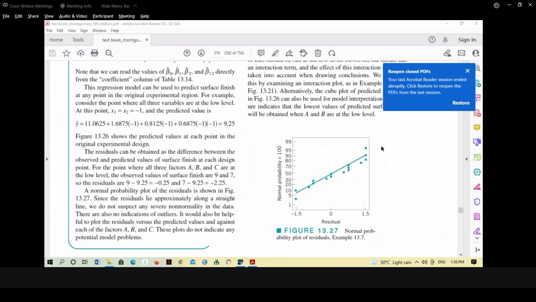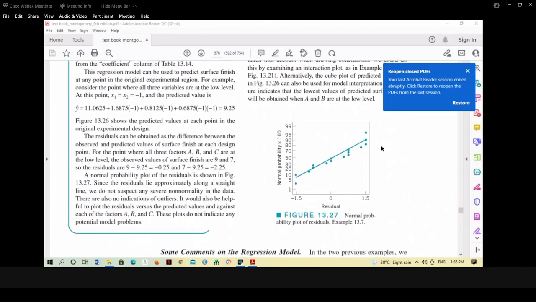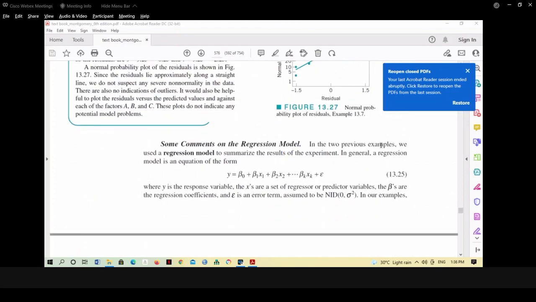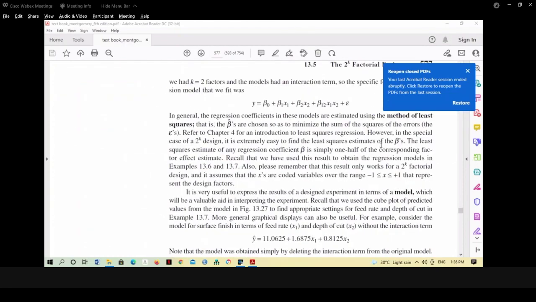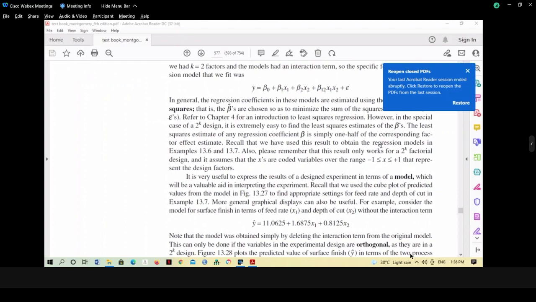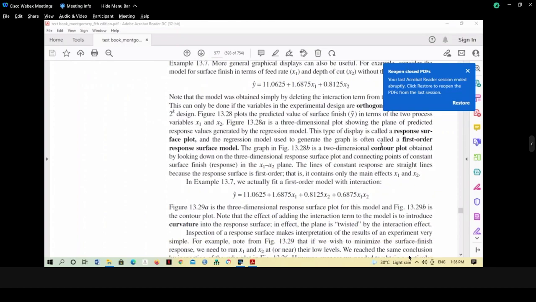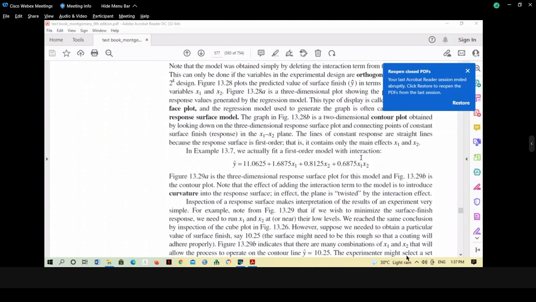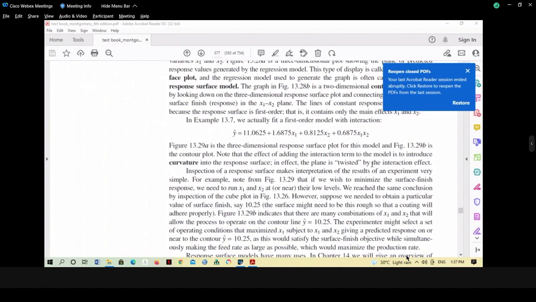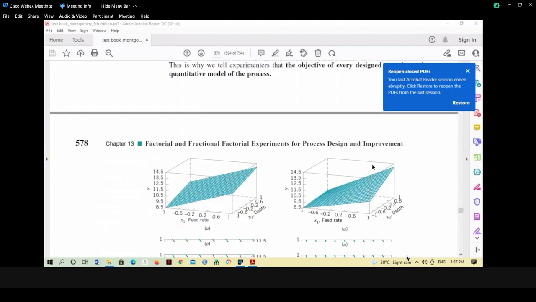Okay, I think you read until all this, but don't include the x1, x2 because they are not significant.